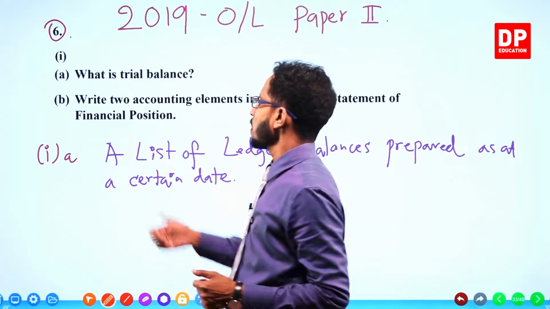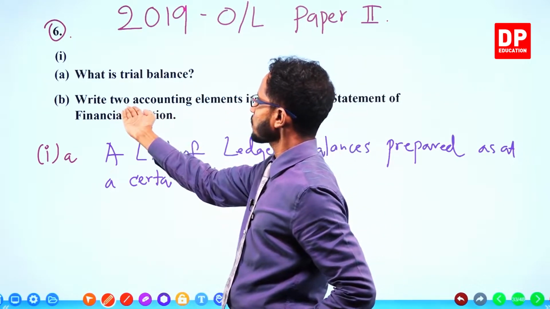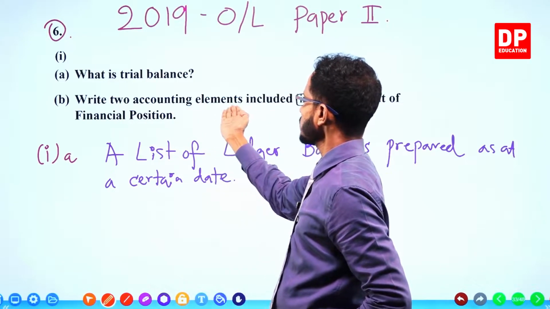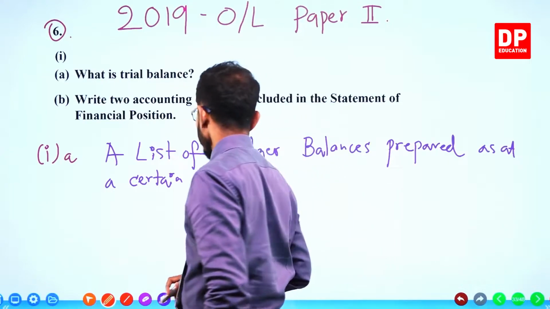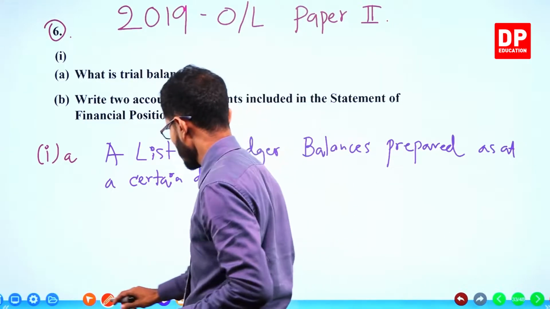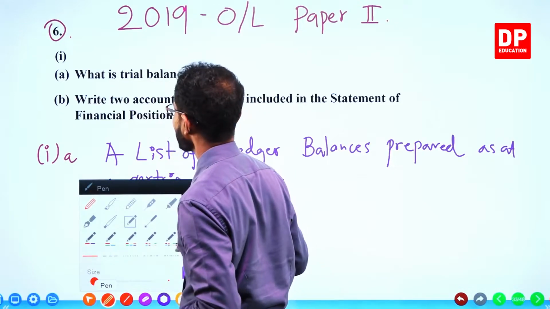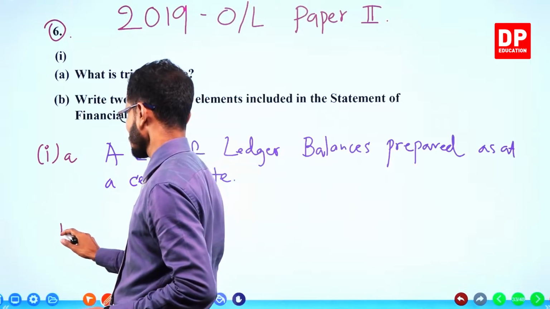Okay, write two accounting elements included in the statement of financial position. Isn't that a surprise? That is not a surprise.